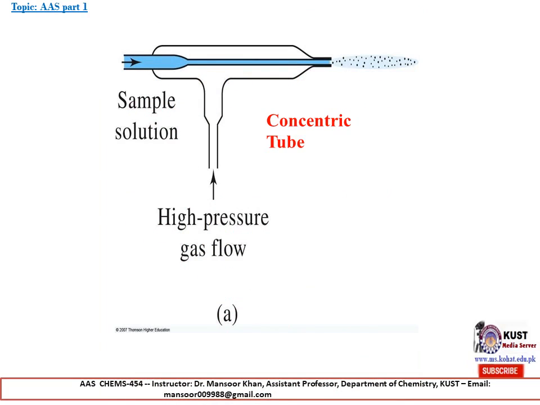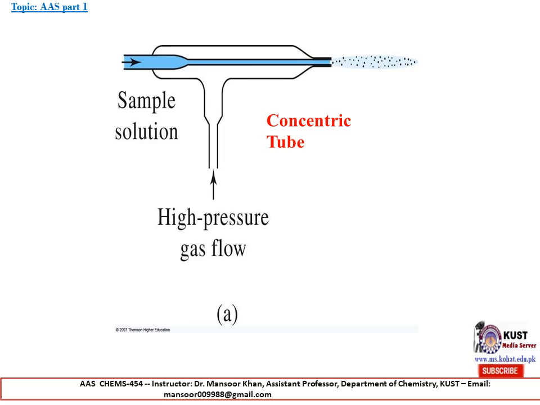This is one type of pneumatic nebulizer. The sample solution comes through a concentric tube, and then at a right angle there is a gas flow at high pressure which drags the sample solution to the other side of the nebulizer, which has a very small tip.